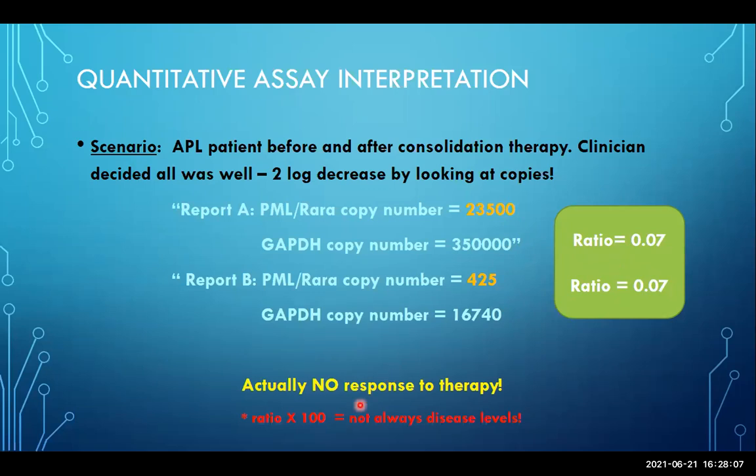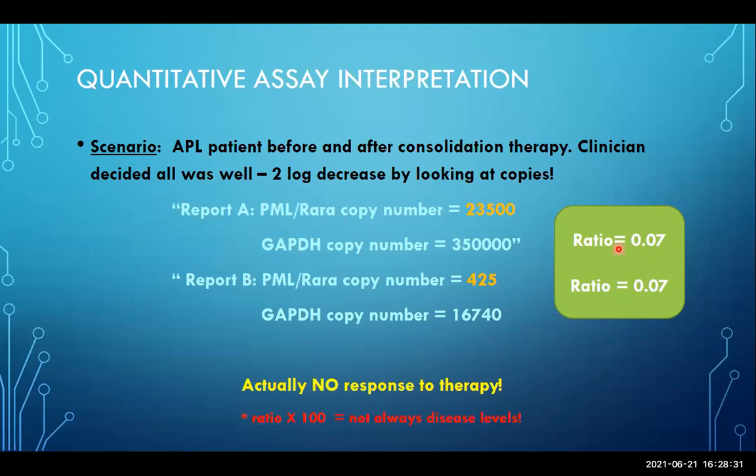And here I just wanted to point out that if you times this by 100, which is now going to give you 7%, that does not necessarily translate to 7% disease. I think we've all been conned a bit with the BCR-ABL IS percentage. You just times by 100 and that's great for BCR-ABL, but it doesn't work for something like PML-RARA.